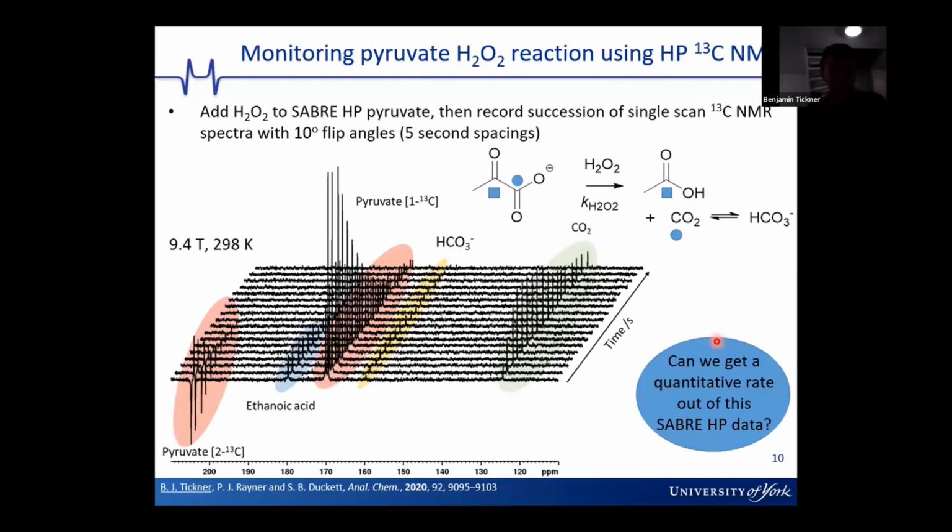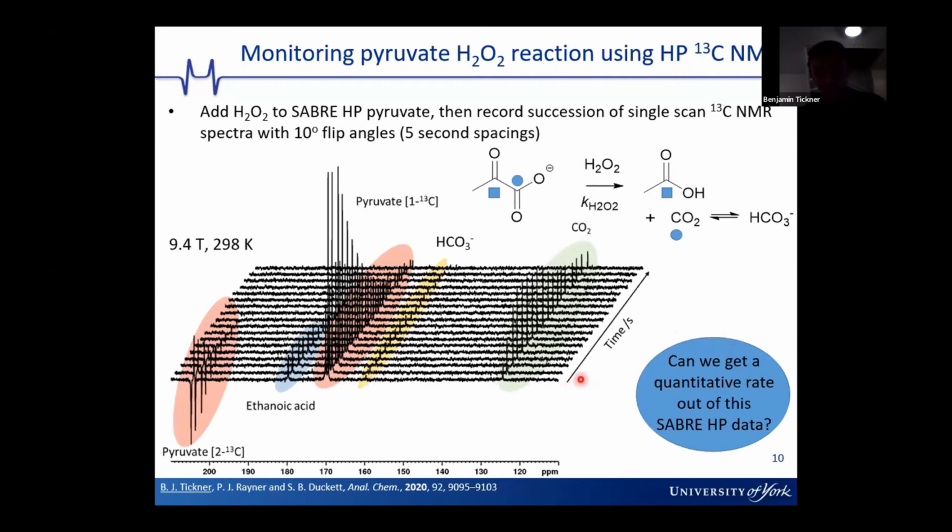Well, yes, we can. The way that we're doing these experiments is we're taking our iridium pre-catalyst, our sulfoxide and our doubly carbon-13 labeled pyruvate, and shaking them for 30 seconds in methanol with parahydrogen in a mu metal shield. And then we take the lid off and inject in hydrogen peroxide. And then we put it into the spectrometer at 9.4 Tesla.